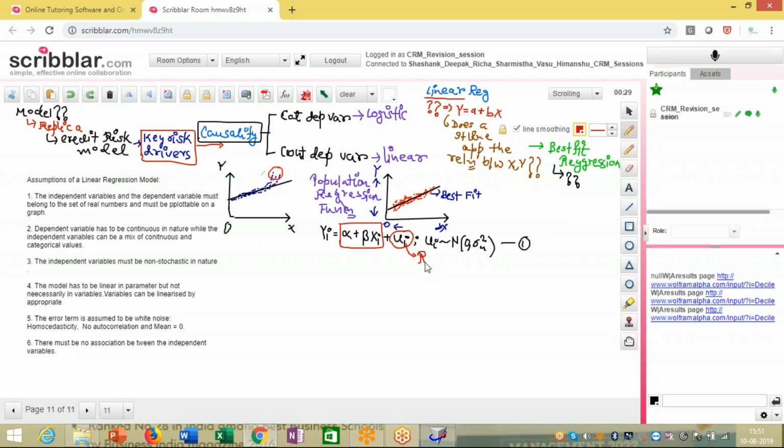There are always certain movements, certain uncertainties which keep creating fluctuation in the behavior. So these are the random factors.